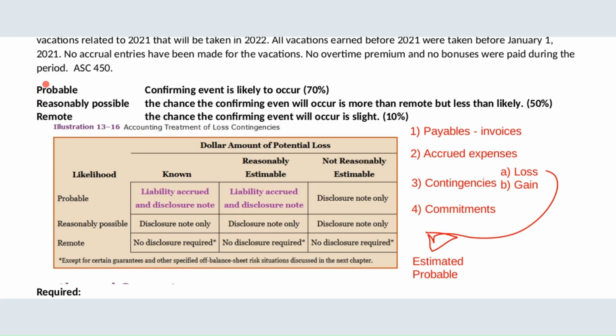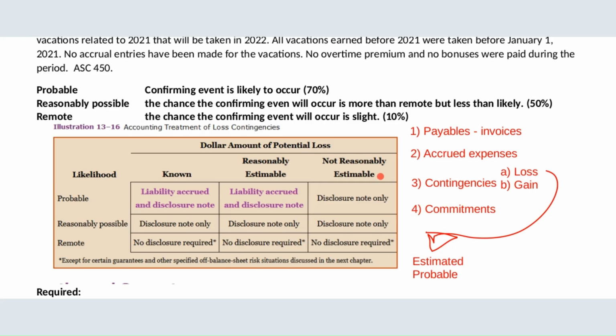In terms of the exam, we need to know these 3 categories, and then how we report these different categories on the financial statements. Any contingency that is probable and that we are able to estimate, we're going to accrue the liability, and we're going to have a disclosure note if it's material.